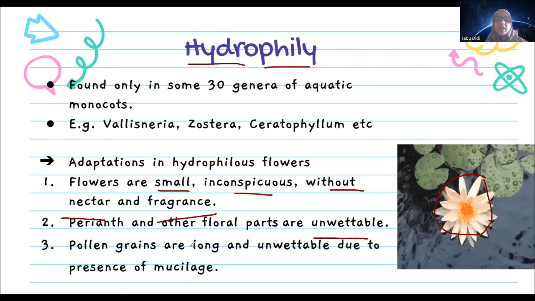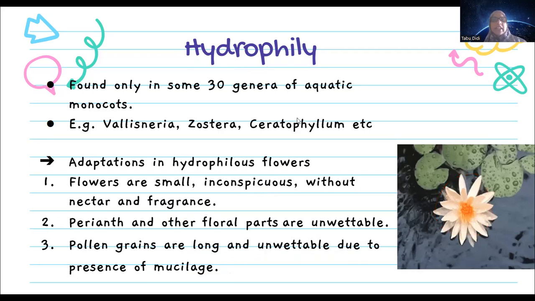So pollen grains over here will be long and will not absorb moisture because they have a sticky waxy coating. That waxy coating is known as mucilage. So it will not allow water to be absorbed by the pollen grains.